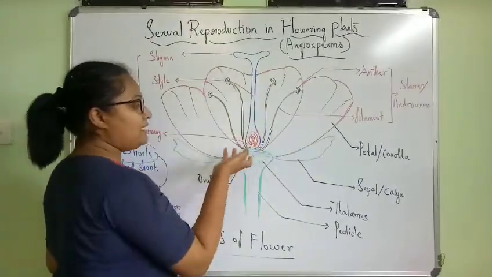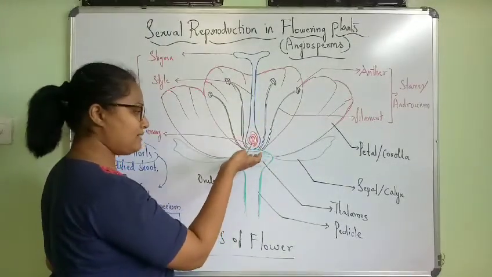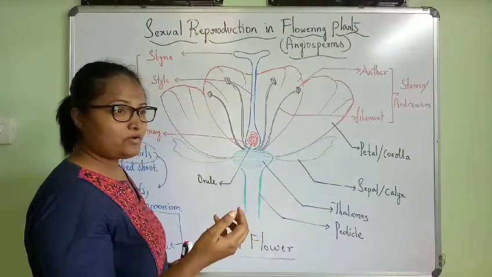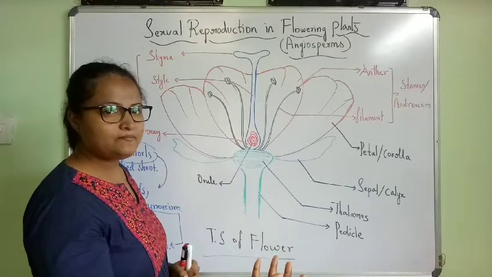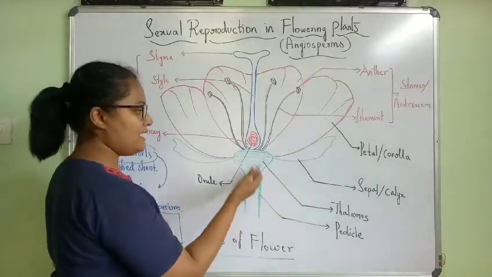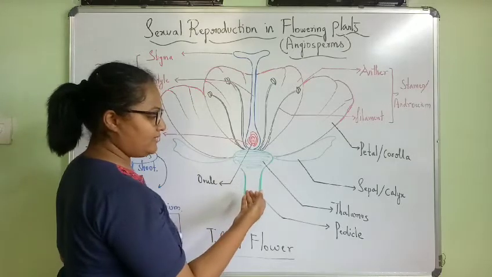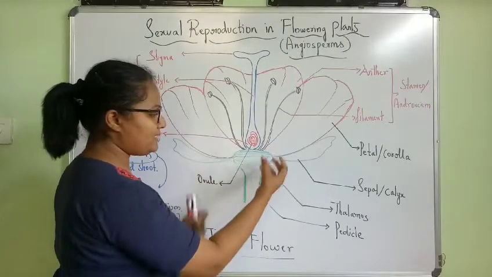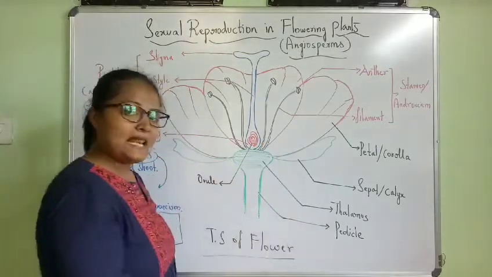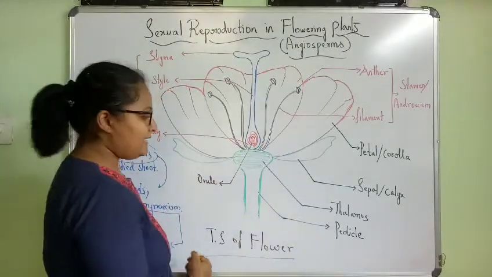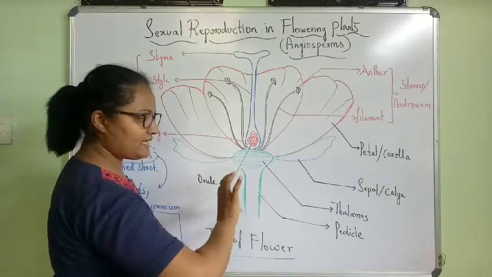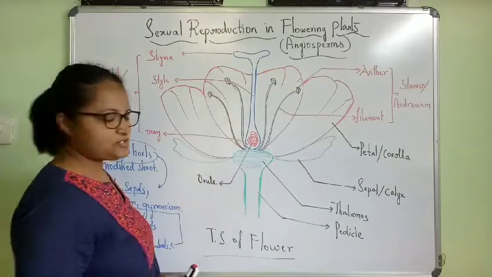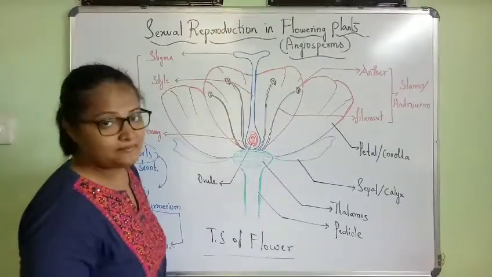All these are placed on the thalamus, based on which we have studied superior and inferior ovary. By the diagram, here the ovary is superior because it is above the thalamus, and all parts are arranged on the surface of the thalamus. There is also a stalk by which the flower is attached to the stem or inflorescence, called the pedicel.